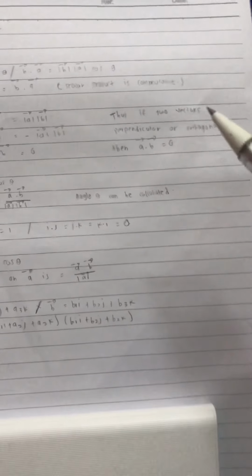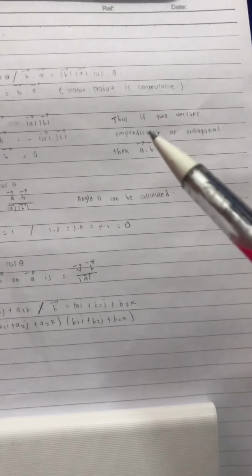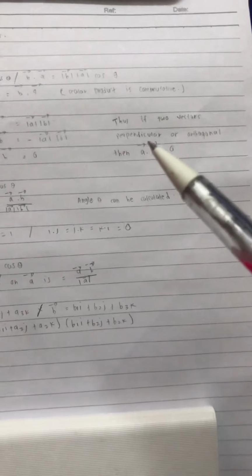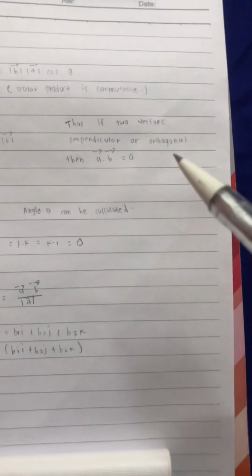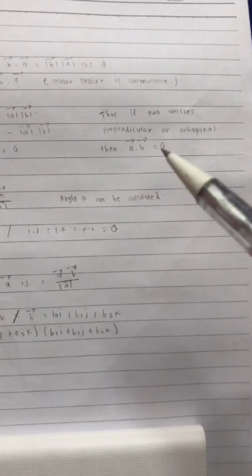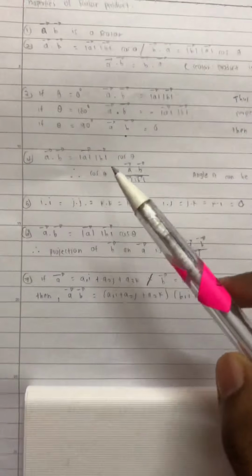Thus, if two vectors are perpendicular or orthogonal, then vector A dot vector B is 0.